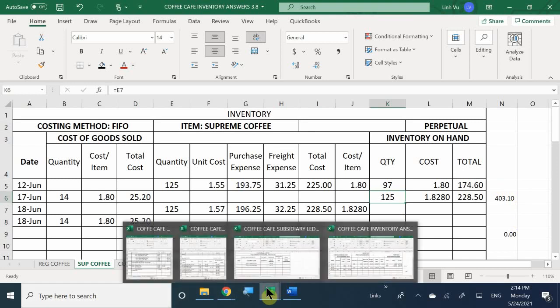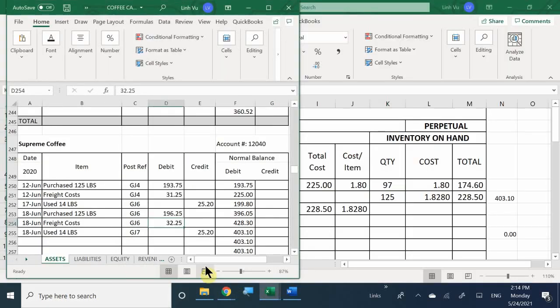Wait a minute, hold it. Can you go back to the spring coffee? I think I see my mistake. 196.25. You fat fingered a number? Okay, now I'm at 428.30. Yeah, okay. I transposed two numbers in the debit. Okay. Thank you. Yeah, of course.